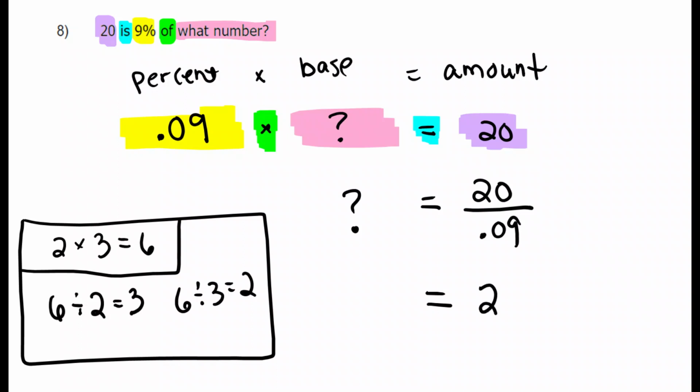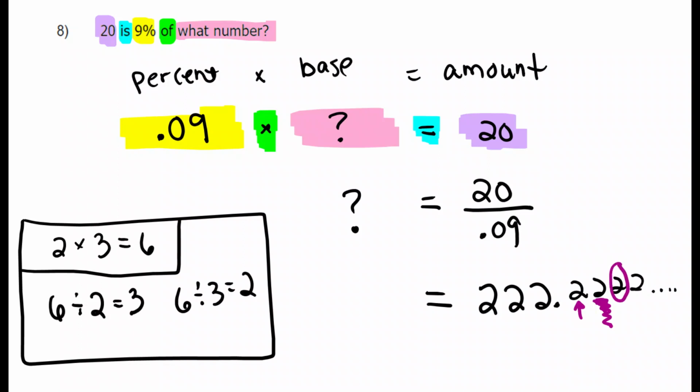And 20 divided by 0.09 is 222 point, I think it keeps going, 22222, and I don't think I asked you to round, oh yes I did, round to the nearest hundredth. So it keeps going, 2, 2, 2, 2. The nearest hundredth is this number right here, because this is tenths and then this is hundredths.